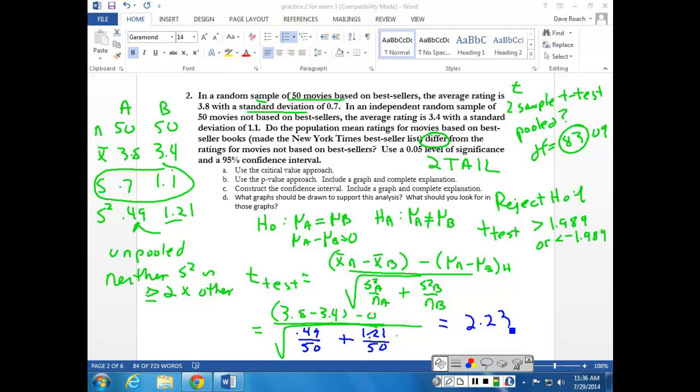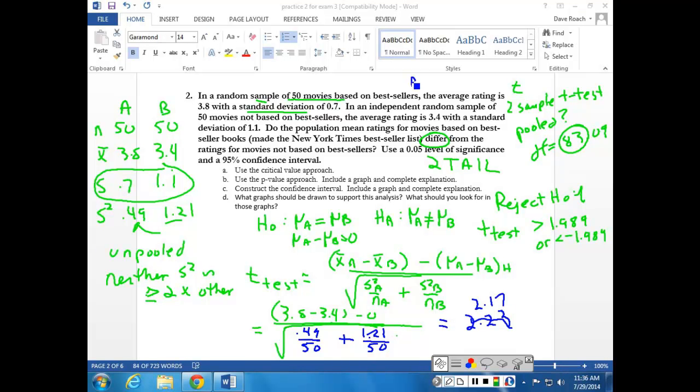Let me look at that. Oh, okay. I put in 1.12 instead of 1.21. That's why you write the numbers down to begin with. It's 2.17, about.